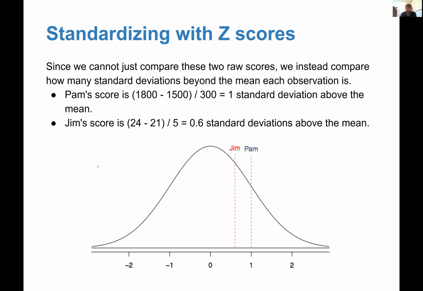That tells us Pam is 1 standard deviation above the mean. We can take Jim's score of 24 and subtract the mean for ACT, and then divide by the standard deviation for ACT, and we get 0.6. Jim's score was 0.6 standard deviations above the mean.